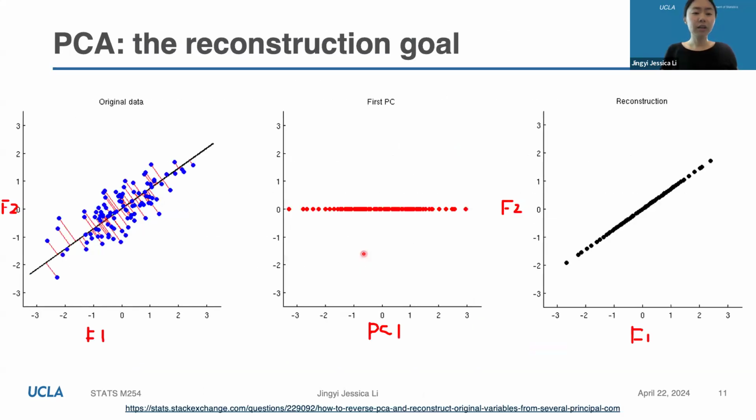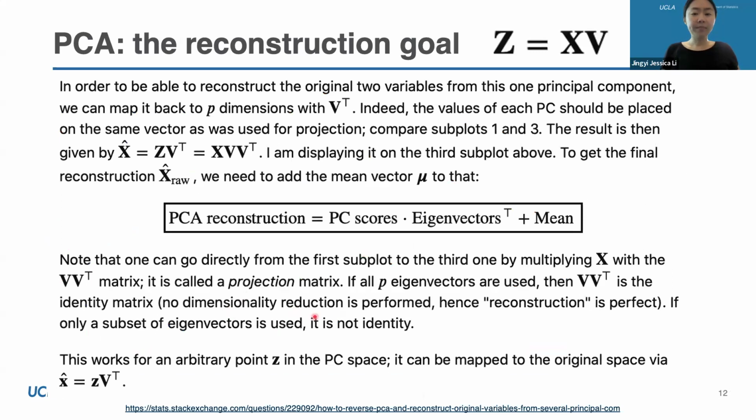And, okay, if only a subset of eigenvectors are used, for example, the top K eigenvectors, then this V V transpose is not an identity matrix. You can check it. It's not an identity matrix because you are not using the full information. So then you have some information loss here.